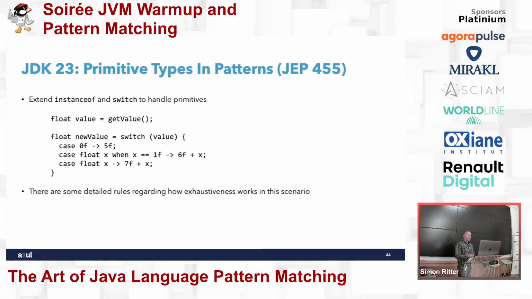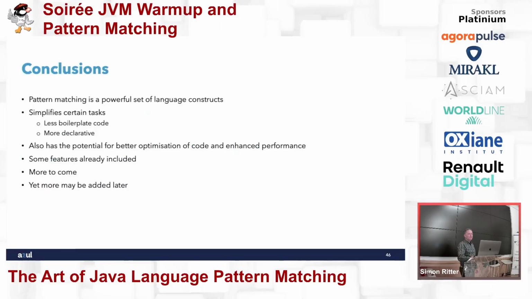There's probably going to be other things that will happen in later versions. I know there was one proposal for having arrays as a deconstruction pattern that was going to go into an earlier version, but they've put that on the shelf for now, but that may come back at a later point. So that is pattern matching in Java.